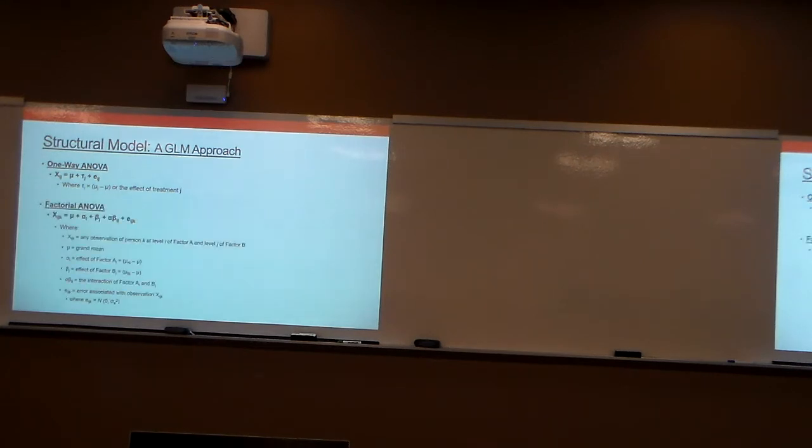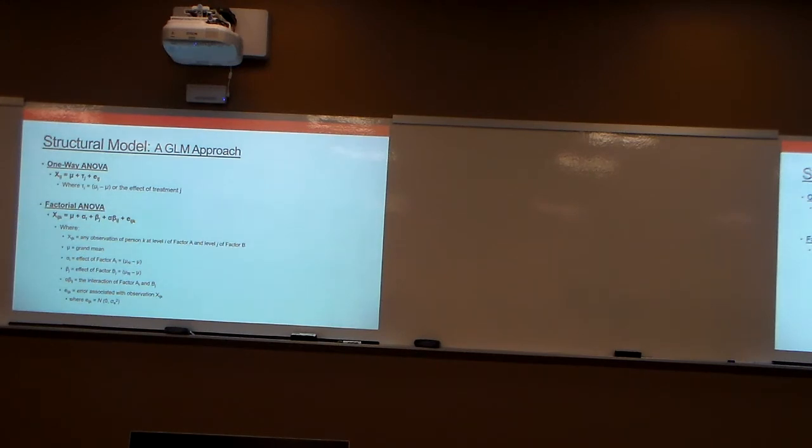Factorial ANOVA is the same type of thing, we're just adding on factors, okay? So you start again with the score for person K at level I of factor A and level J of factor B. This is just the individual score, some person's score, anybody in the sample.